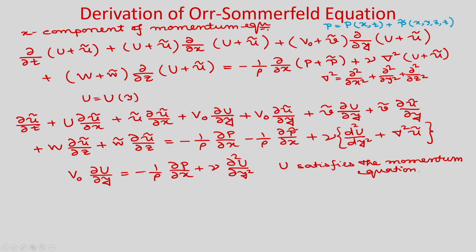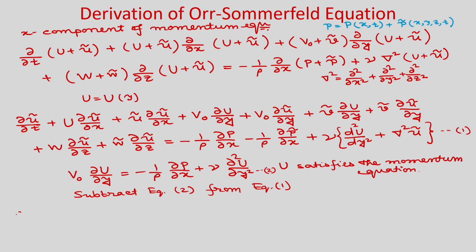So, if this is equation 1 and this is equation 2, then you subtract equation 2 from equation 1. Okay. So, what you will get? So, you see here v naught ∂u/∂y. So, this term will not be there and this also will not be there and this term will not be there.